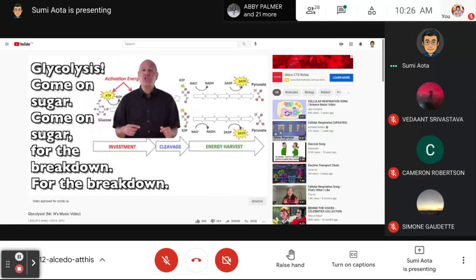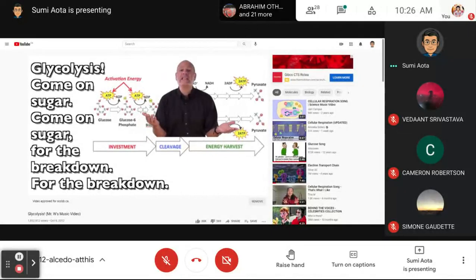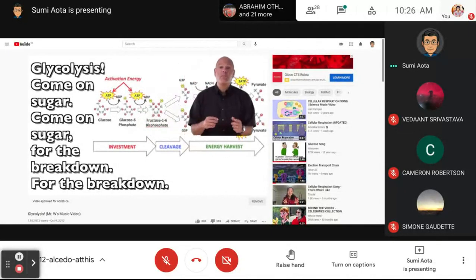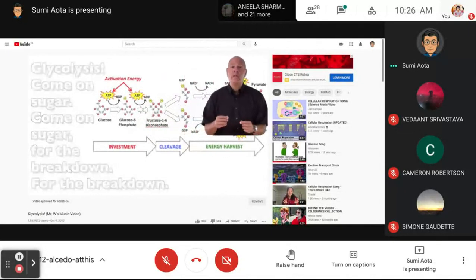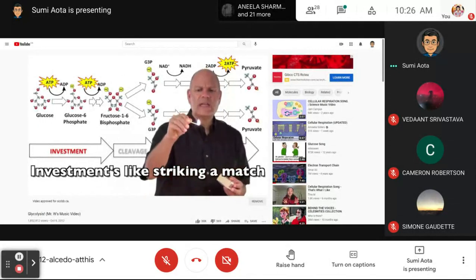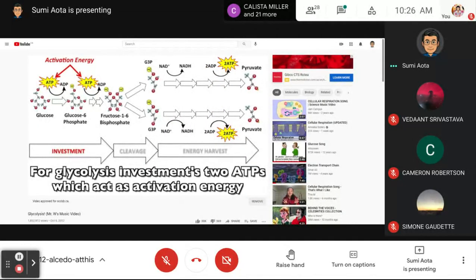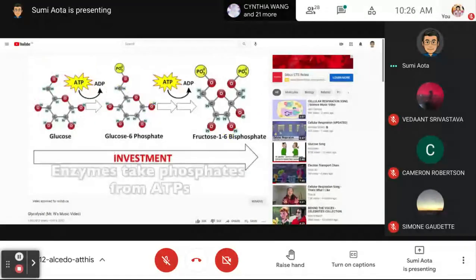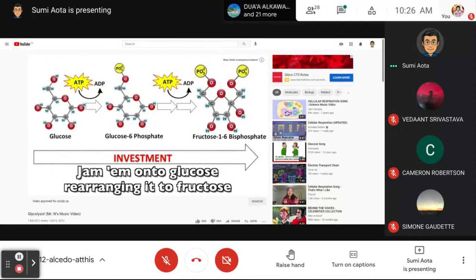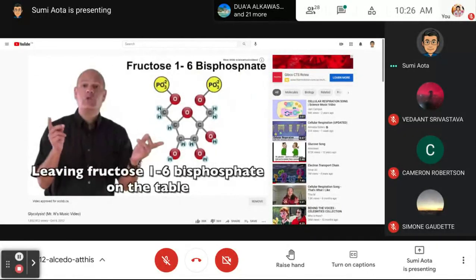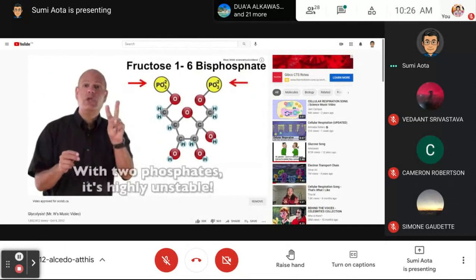Glycolysis, come on sugar for the breakdown. Investments, like striking a match. That energy you put in makes the fire catch. For glycolysis, investments, 2 ATPs, which act as activation energy. Enzymes take phosphates from ATPs, jam them on a glucose, rearranging it to fructose, leaving fructose 1,6-bisphosphate on the table with 2 phosphates.